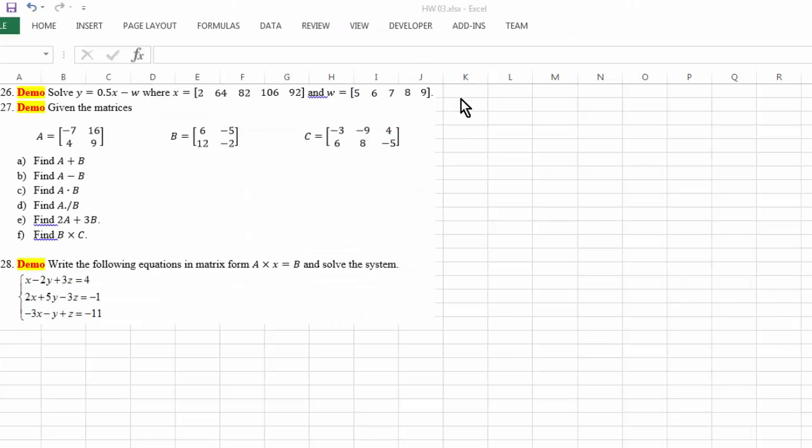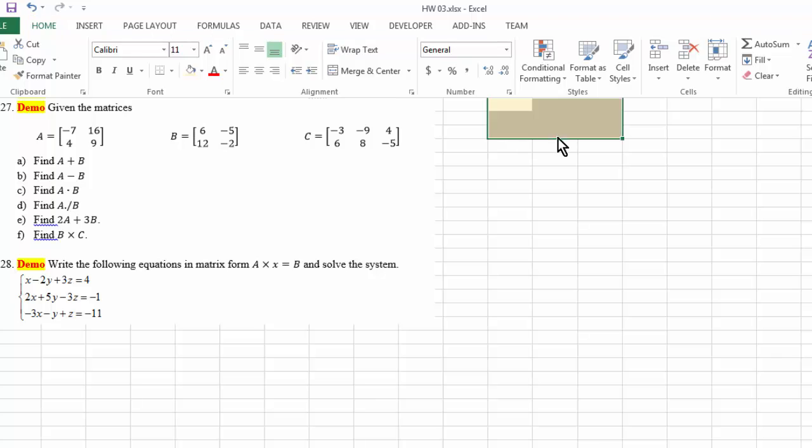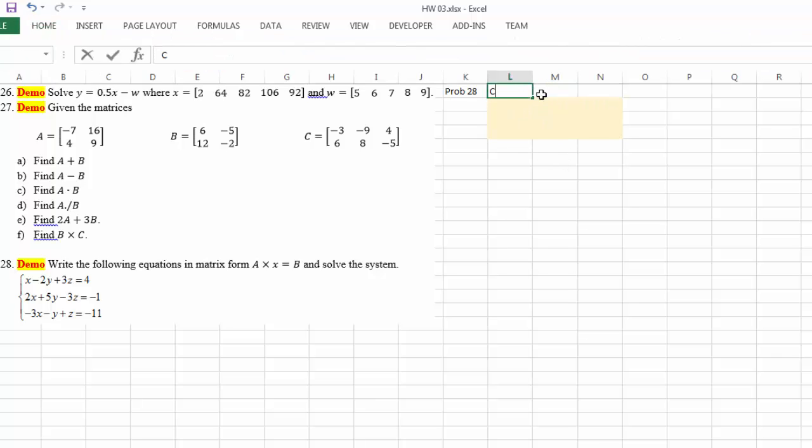Okay. Lastly, for problem 28, to rewrite the following linear equations into the matrix form, that is, we have a coefficient matrix that contains all the coefficients on the left-hand side.